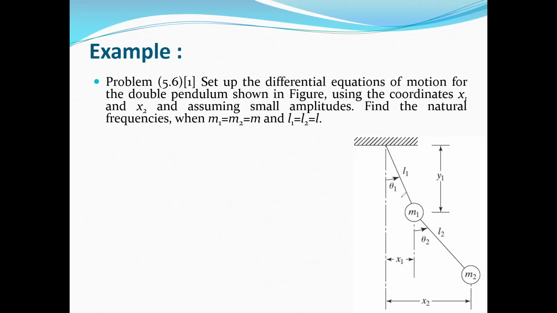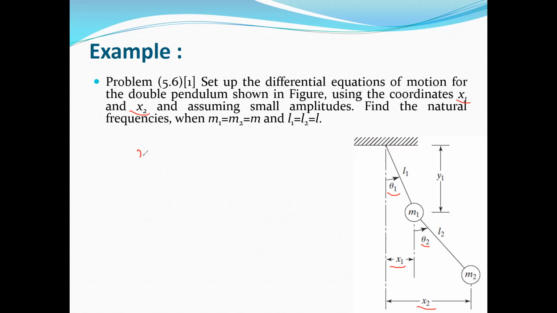Here, clearly we deal with a system with 2 degrees of freedom. You can consider theta 1 or theta 2 as the 2 degrees of freedom. But here in this example, we want to use x1 and x2 as the degrees of freedom. This is the x1 and this is the x2. As you can see, x1 and x2 are related to theta 1 and theta 2.